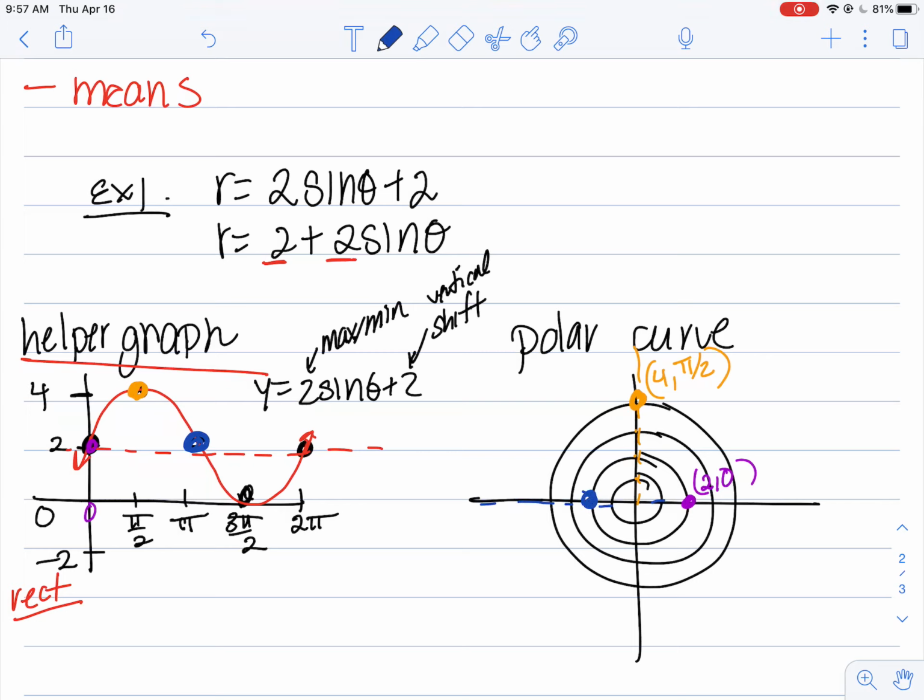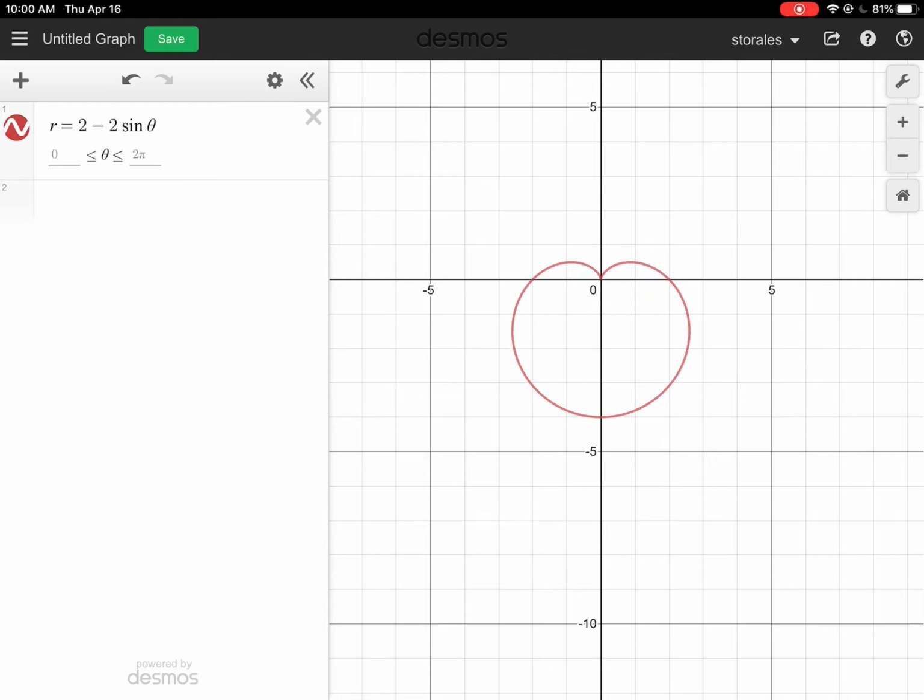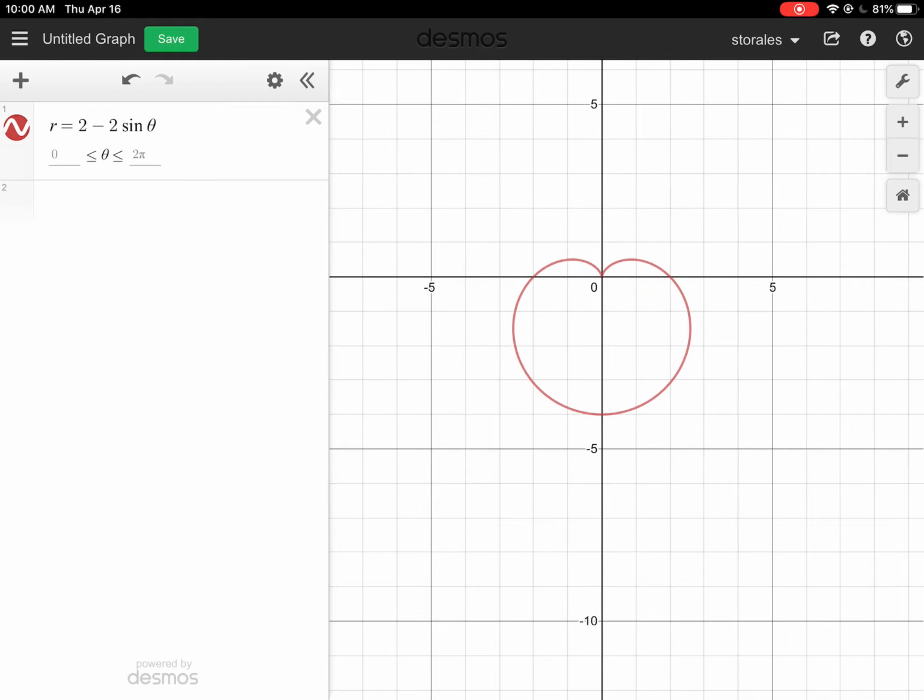There, you see that it's pointing down. Your distance between the pole and the point that's furthest out is still 4. But now the heart, if you will, has a cusp that's facing down.